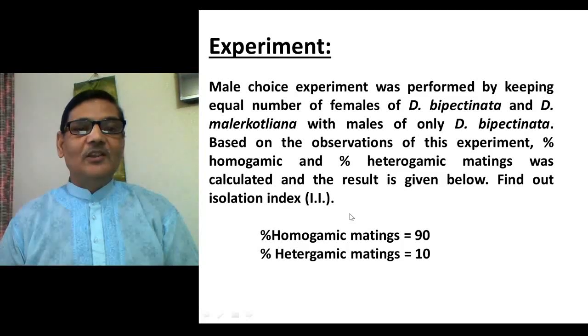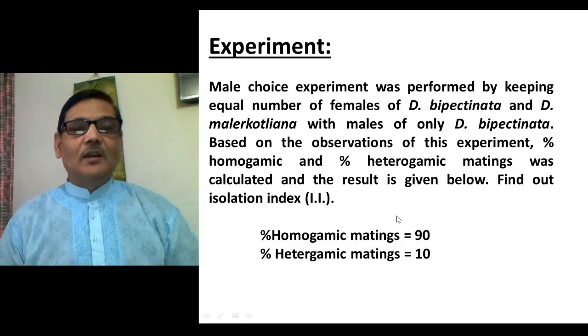If a Drosophila bipectinata female has mated with its own male, because that is the male present there, then bipectinata flies will be available in that food vial. And if you find hybrids, because when Drosophila bipectinata mates with a malerkotliana female you will have a hybrid, and the hybrid you can identify by the presence of a black abdominal tip and the sex comb pattern.